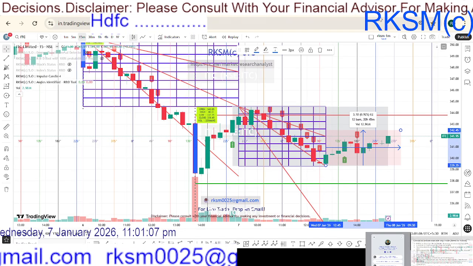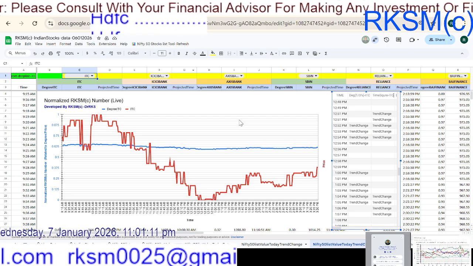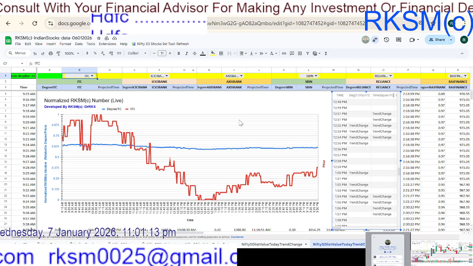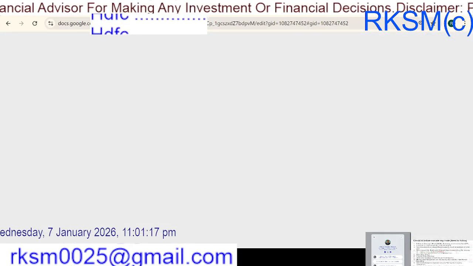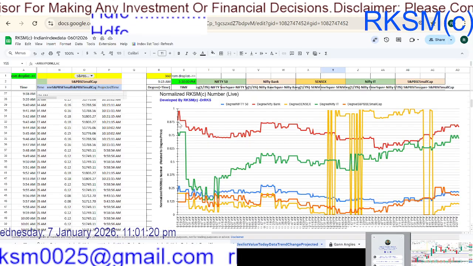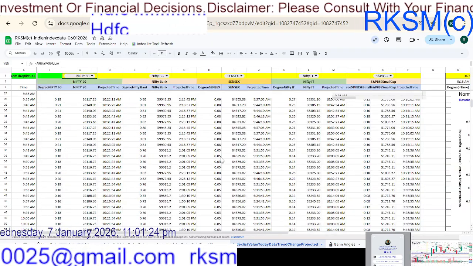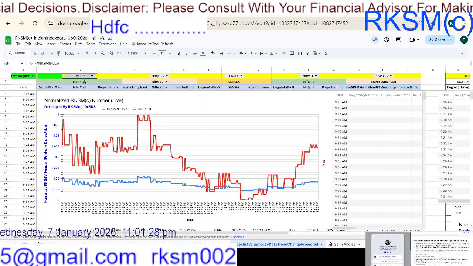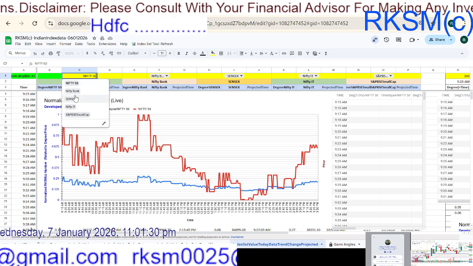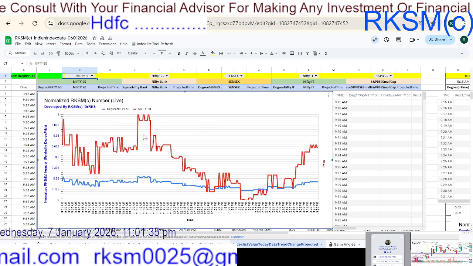So that is the thing I wanted to demonstrate, and I wanted to analyze these two stocks. This tool can be applied to any other stocks and any other index also. Suppose today we look at these indices, Nifty, Bank Nifty, Sensex. Just have a look, this is the Nifty.